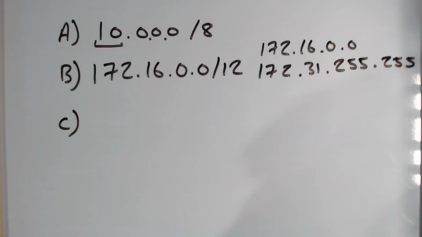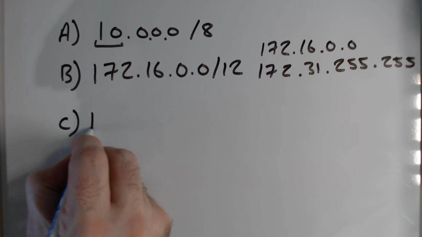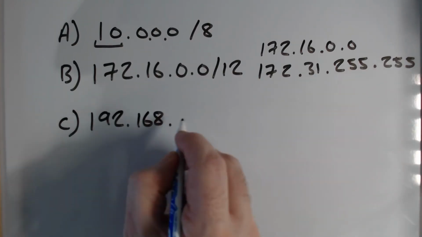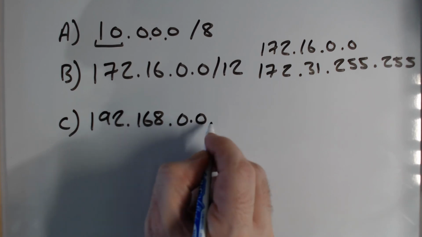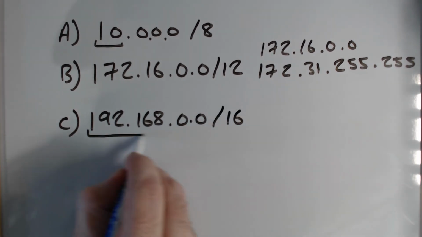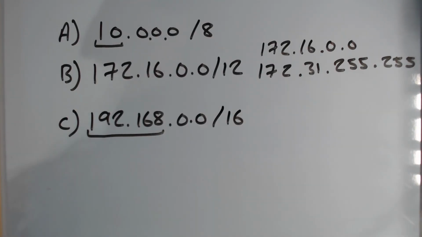What's not an odd one is the Class C's: 192.168.0.0/16. Because it's /16, it means the first two octets count. So anything that starts with 192.168 is a private Class C address.